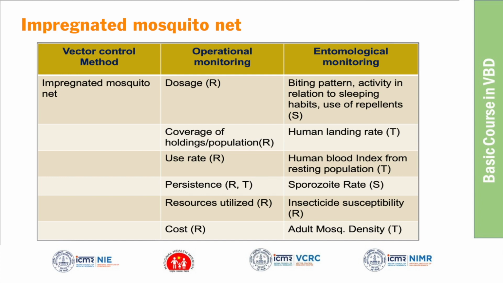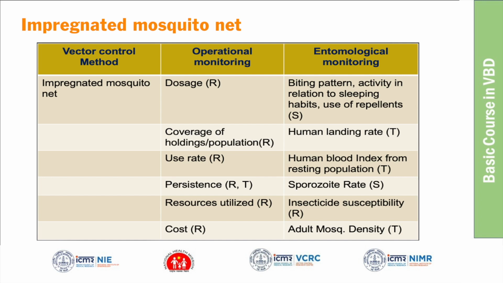Suppose 100 nets you have distributed, the use rate of the net, persistence, residual activity. I mentioned that it is effective for 4 to 5 years as long as the net is intact. So persistence, that is residual activity, resources utilized, cost.